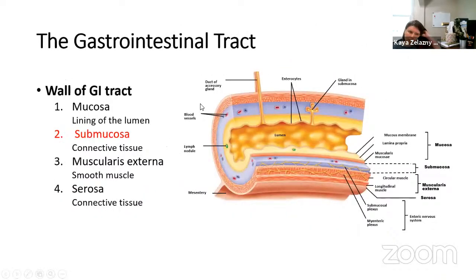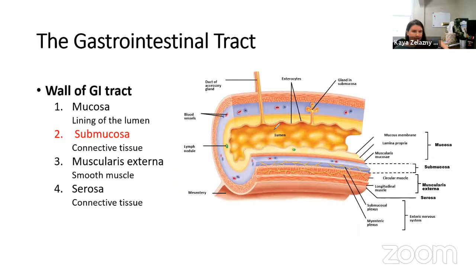So we're going to start by looking at a cross-section of a wall of the GI tract. We have some basic cell layers that we're interested in as we're talking about the GI tract. There are basically 4 of them, going from inside.